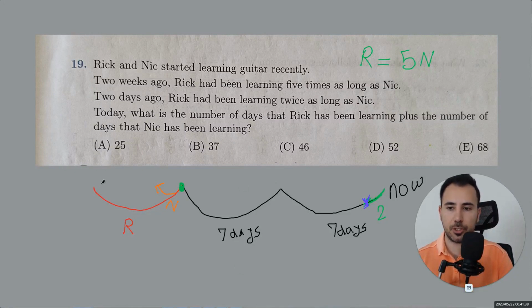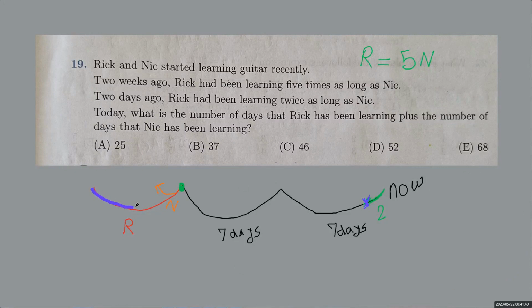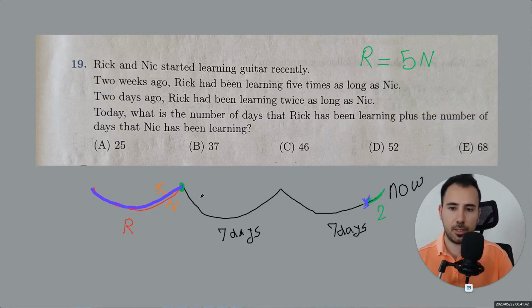So, but let's see the journey for Rick. Rick has started like this. R plus 7 days plus 5 days, isn't it? That's a 5, that's a 7, and that's R. This is for Rick. Rick was R plus 12 days.